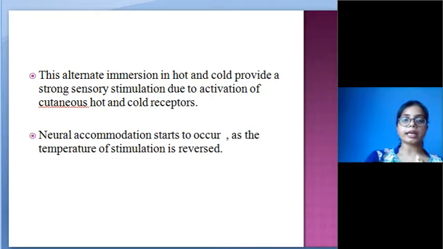Whenever any stimuli is given for a prolonged period of time, the receptors will undergo a phenomenon known as neural accommodation. They will get accommodated to that type of stimuli. The plus point of contrast bath is that there is an alternate immersion into hot water and cold water, so neural accommodation does not occur, because as soon as the neural accommodation begins, we switch the temperature.